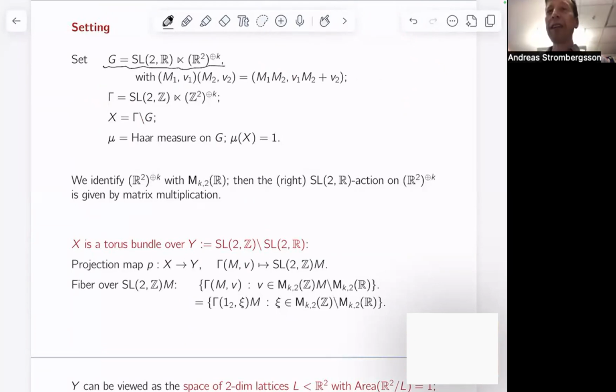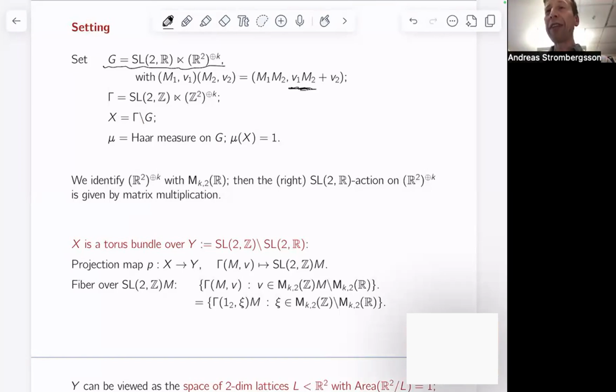Here SL2R acts on R2 by the standard representation. Actually, it acts from the right. So when we have a vector in R2, we act from the right on such a vector by a matrix in SL2R, as we see here, for instance.